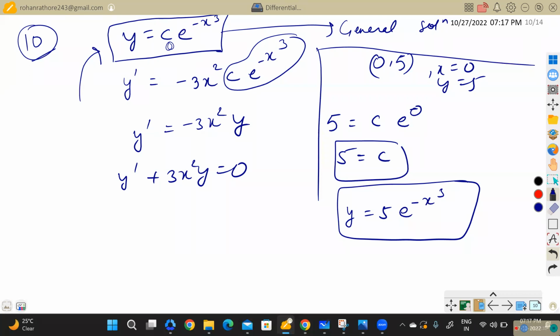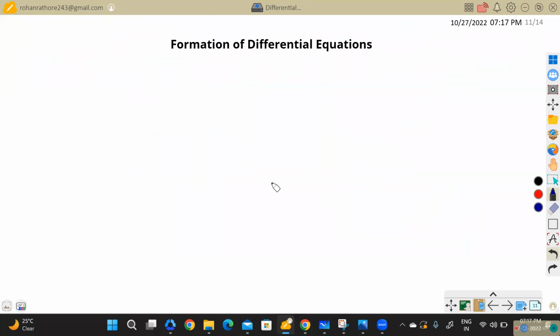So next is also the same thing that we are doing, formation of differential equations. While confirming whether a given value of y is a solution of the differential equation or not, we are doing the same thing. We are forming the differential equation from the given value of y. So what does formation say?